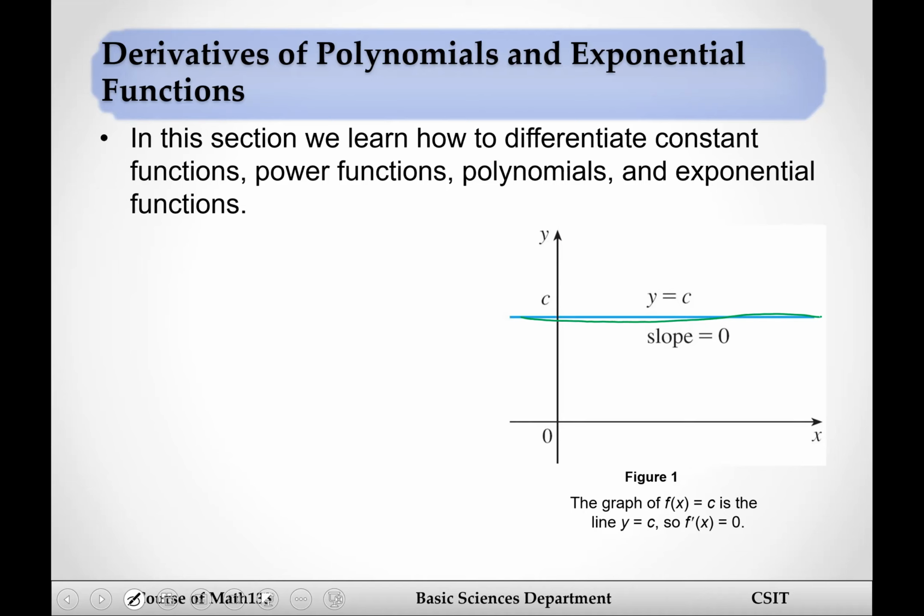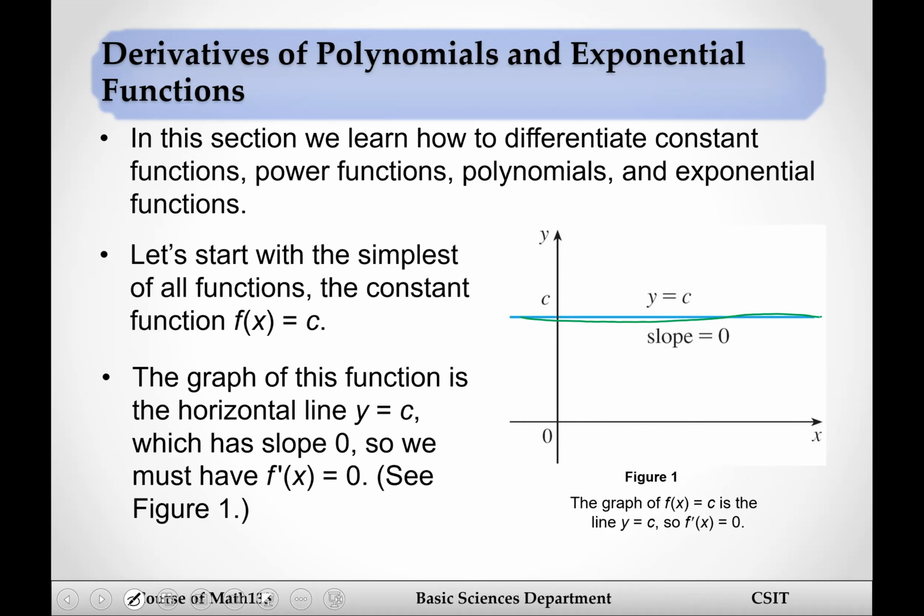That means that the derivative is all the time equal to 0. So when we have a constant by itself, not multiplied by something, just plus c or minus c, then the derivative of this function is equal to 0. And that's from the definition of the limit.